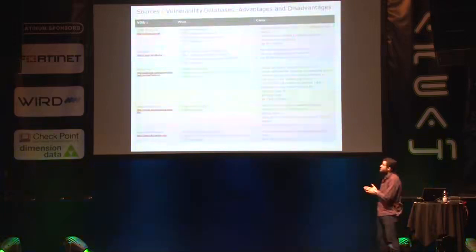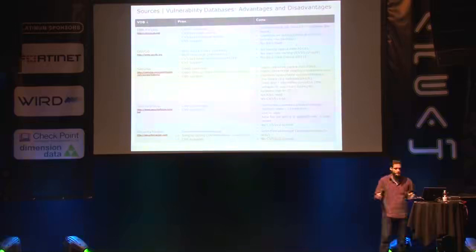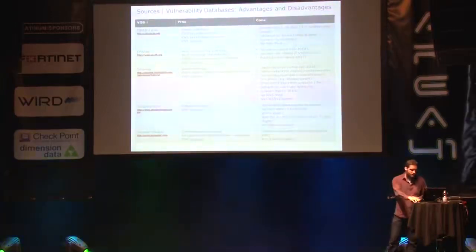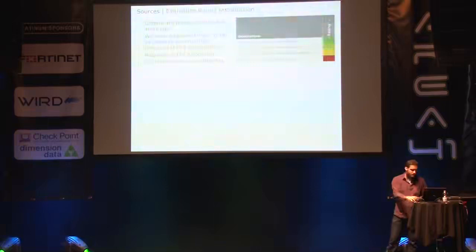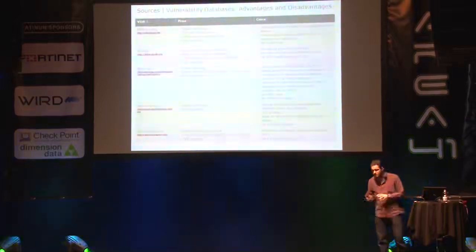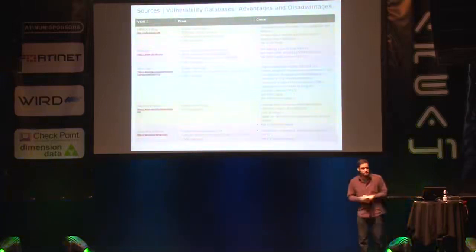Here are some of the major players of vulnerability databases, and I've tried to compile the pros and cons of them. There was some interesting shifting in the last few years.